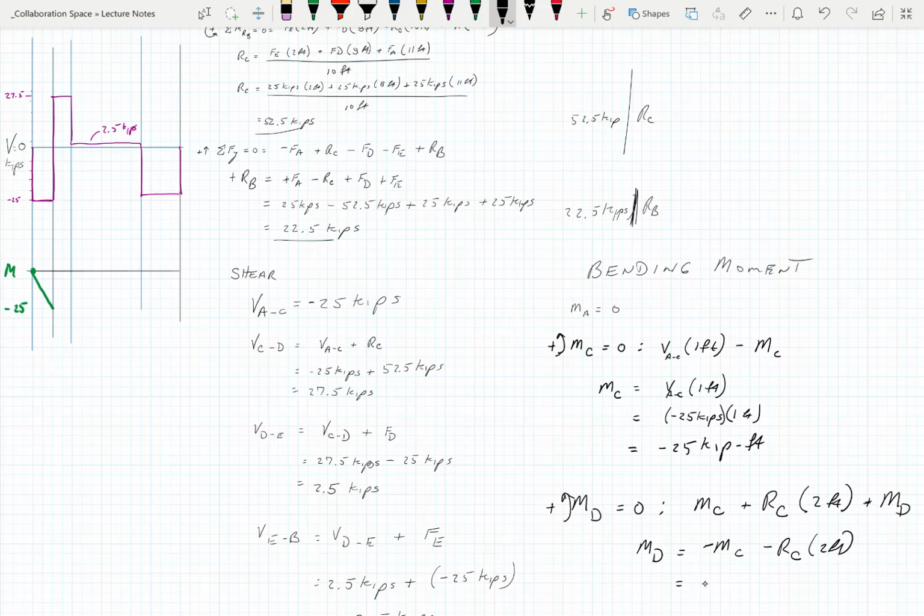And negative moment is a negative times a negative 25 kips.